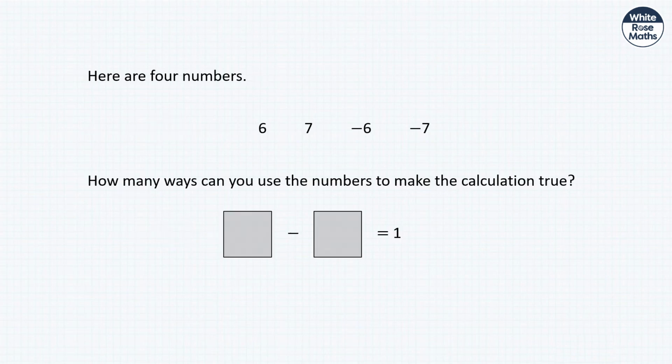Here are 4 numbers. We've got 6, 7, minus 6, and minus 7. How many ways can you use the numbers to make the calculation true? So I can do minus 6 minus 7.